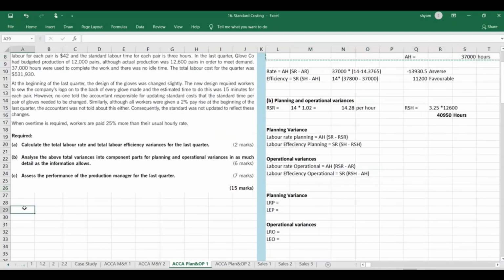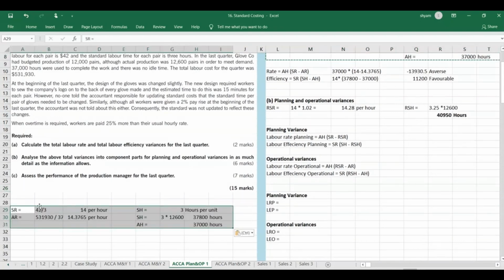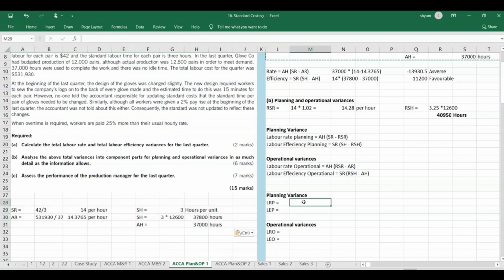I'll put the basic ones here, so it will be easy for us. We'll start from labor rate planning variance. AH is 37,000 hours into SR. SR is 14 minus RSR. RSR is here, 14.28.